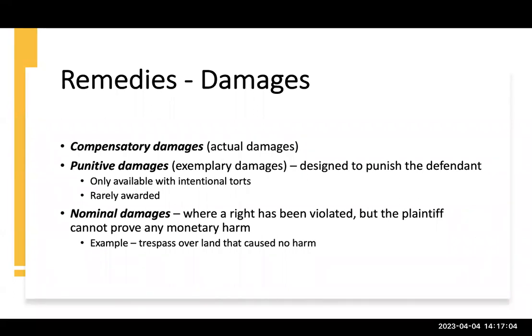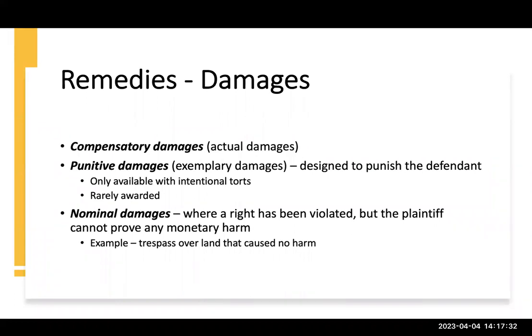Punitive damages, on the other hand, are not necessarily related to the harm that was suffered by the victim, but instead are imposed on the tortfeasor by way of punishment. So punitive damages are not designed to compensate the victim, but rather to punish the wrongdoer. Punitive damages are only available in intentional tort cases.